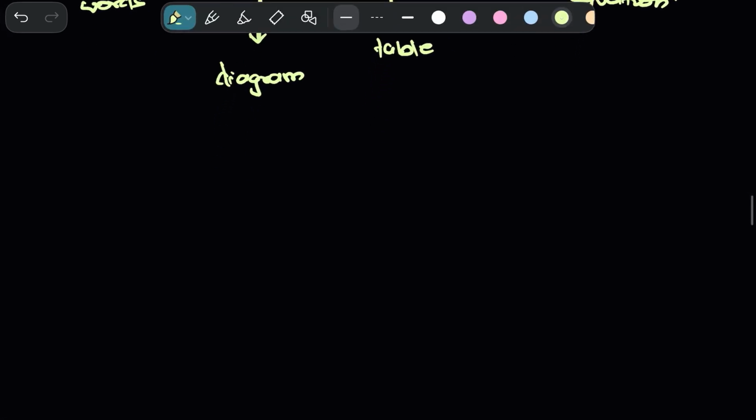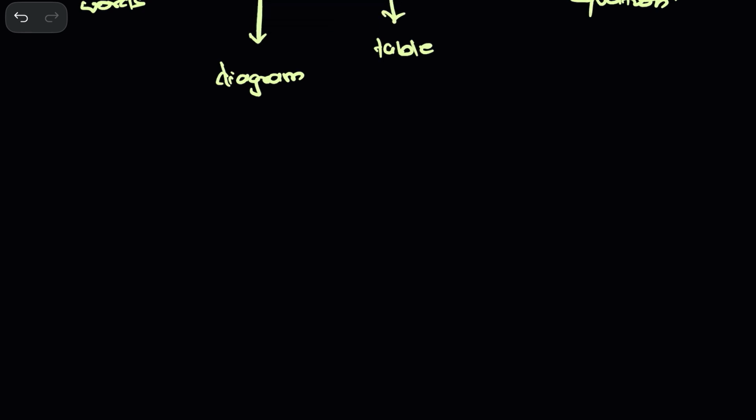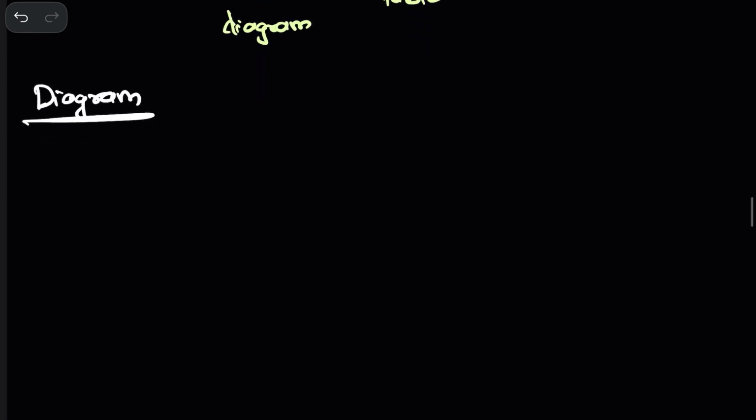Now, if you were to describe it with a diagram, it could be described like this, where the spacing between the dots would show how the motion changes. Now, if you were to describe it with a table, I have two columns.